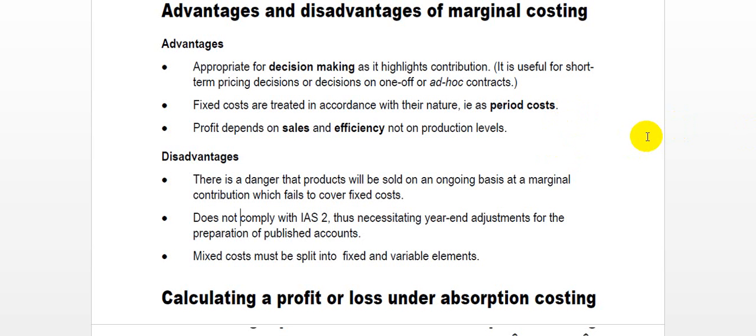Marginal costing does not comply with IAS 2 Inventories. Therefore, at the end of the year, you'll be forced to make an adjustment in your published accounts as you value that inventory.